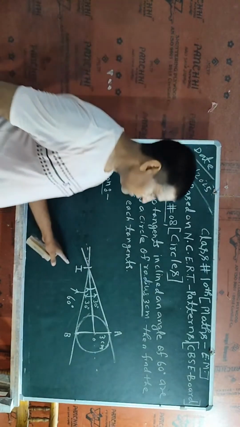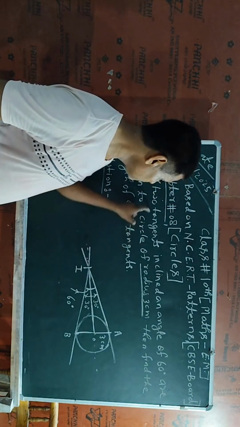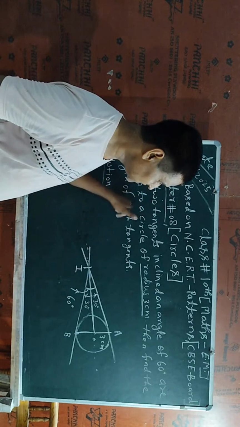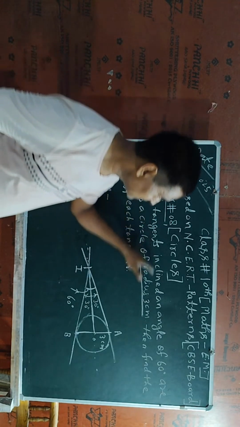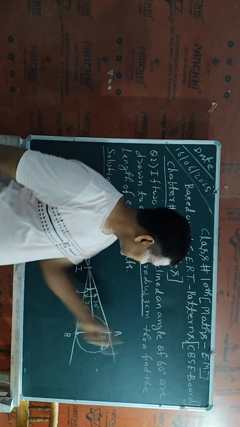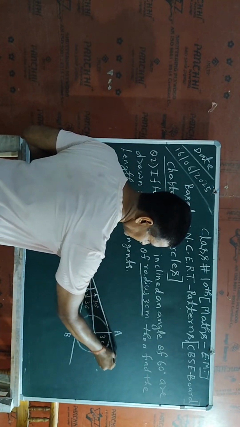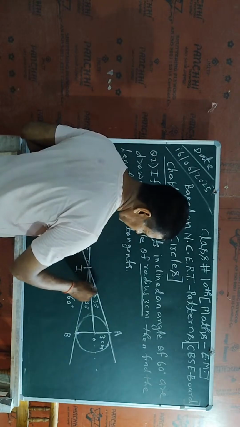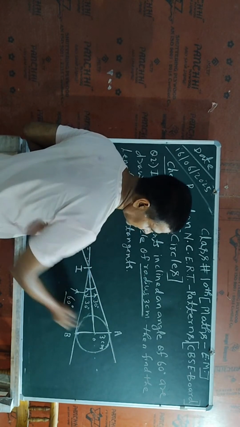So this is the figure, and this figure is drawn with the help of the word problem, with the help of these sentences, because here two tangents are inclined at an angle of 60 degrees. On the same circle I have drawn one tangent, and this is the second tangent, and the angle between these two tangents is 60 degrees, that is given.